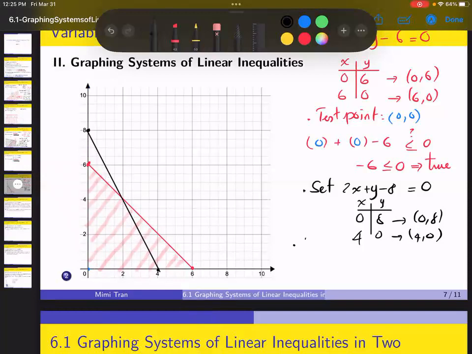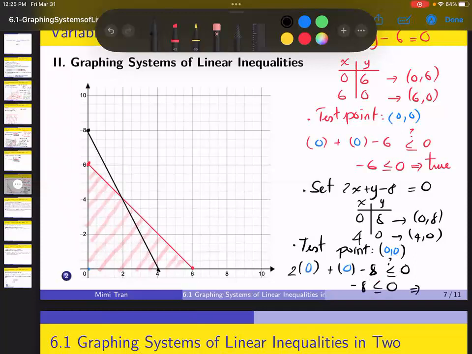You pick a test point. It's very repetitive, the procedure. Is negative 8 less than or equal to 0?